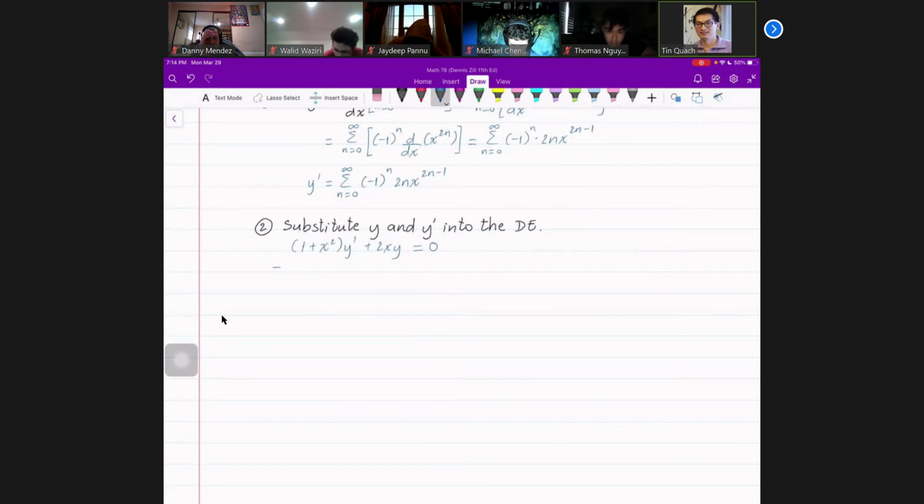That means 1 plus x squared times y prime, which is this, and then plus 2x times y, where y is the series.